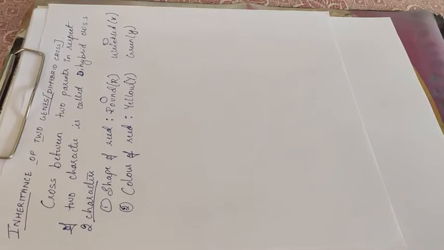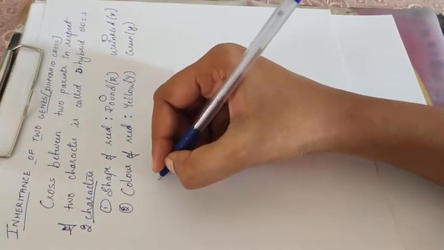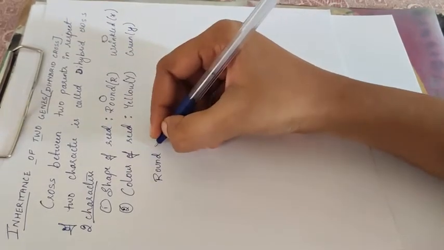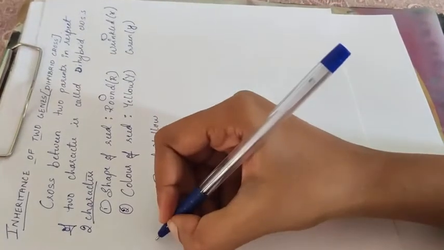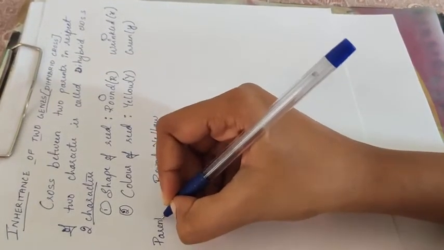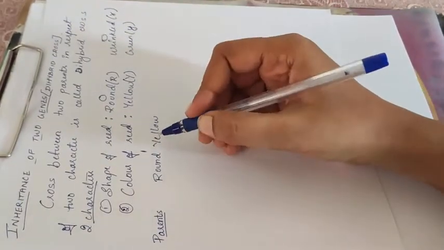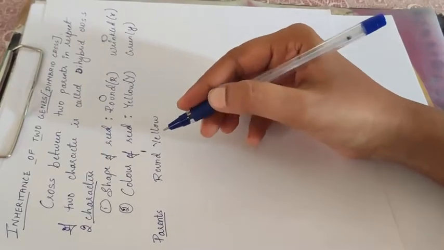These are the two characters. So now let us take a parent which has both the dominating characters, that is the shape is round and the color is yellow. These are the parents which we are going to select. So this is our first parent. That plant will show round seed with yellow color.